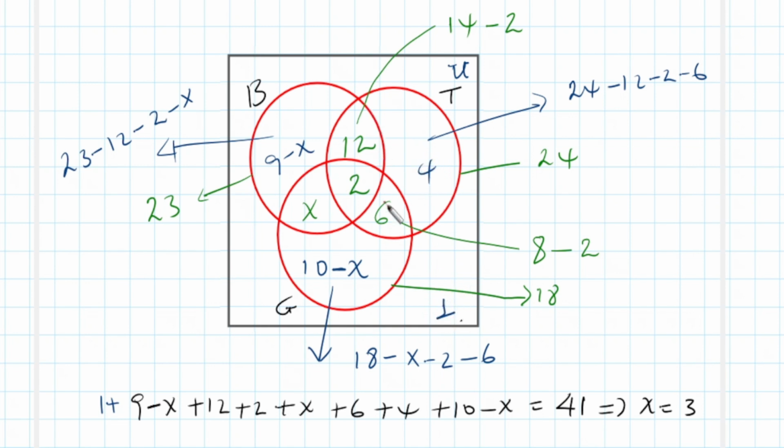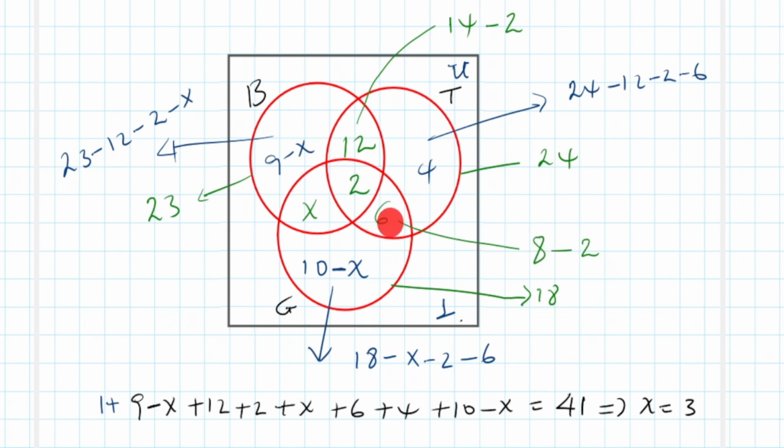And how can we find this region? Let's see. The number of people who play ball hockey and tennis is 40. So we subtract 2 to get the number of people who play ball hockey and tennis only. These are 12. And the number of people who play golf and tennis is 8.